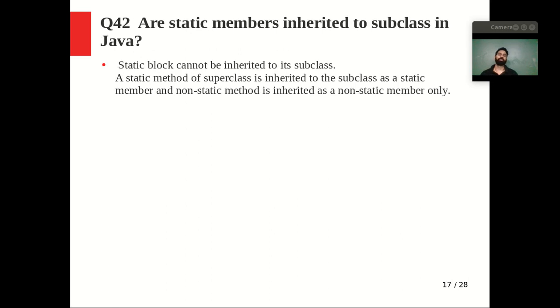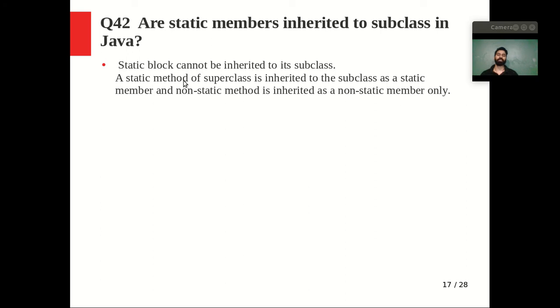So the next question they may ask is, are static members inherited to the subclass in Java? You have to read the question very carefully. Now we are talking about static members, not instance members, right? So static blocks cannot be inherited to the subclass.